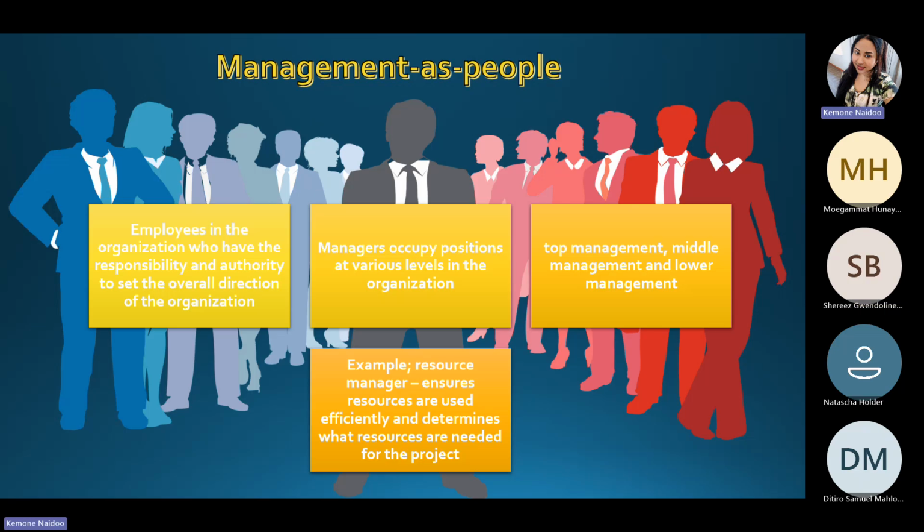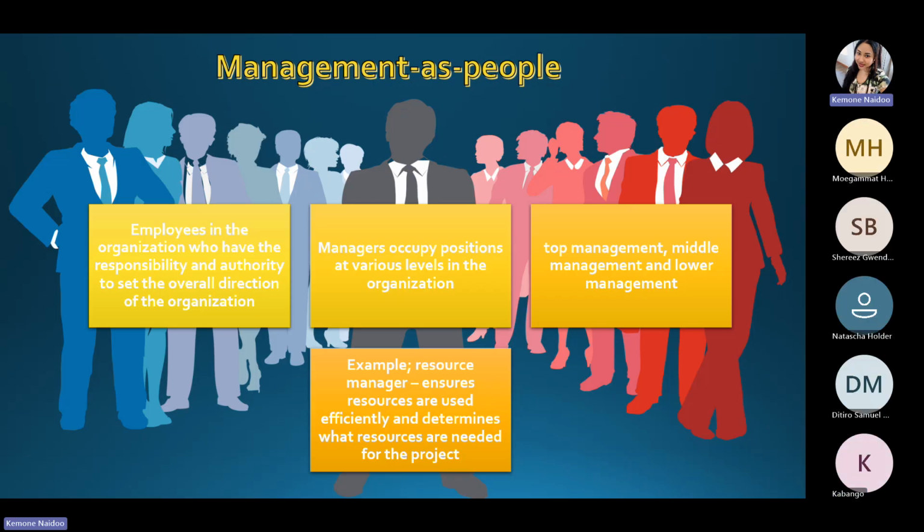If you recall, top management, middle management, lower management are the managers in the organization that help us structure our organization. They help with the overall direction of the organization and ensure that we are meeting our company goals. That's what we have managers for: to lead the direction of the organization.